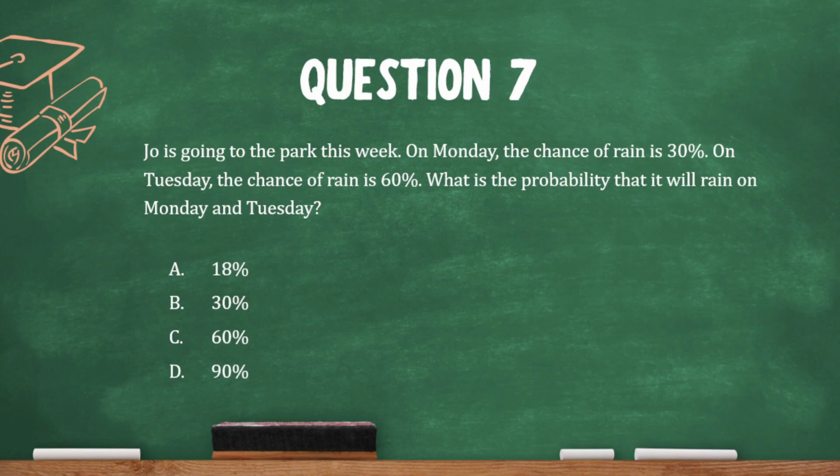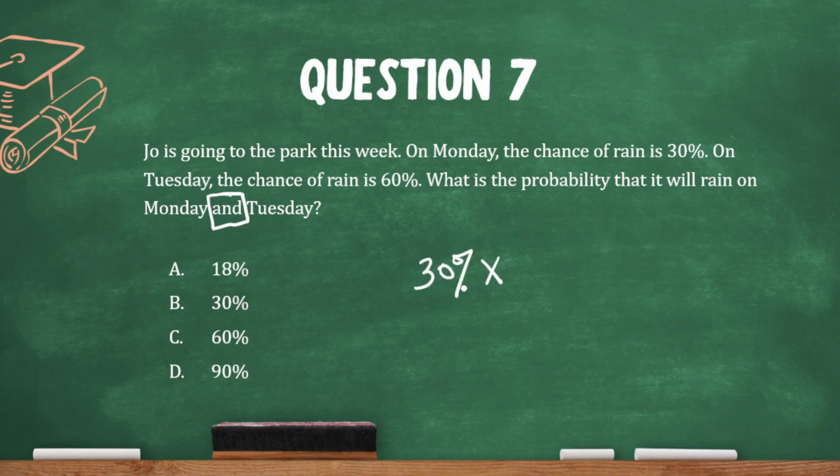Number 7. Joe is going to the park this week. On Monday, the chance of rain is 30%. On Tuesday, the chance of rain is 60%. What is the probability that it will rain on Monday and Tuesday? So we've got "and" here with 2 events. So what do we need to do? Multiply those probabilities. So they've already done the probability, right?